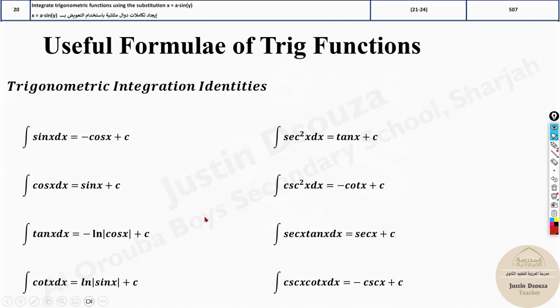So please remember this, because over here you're integrating sine, you're getting minus cos. Don't think that for secant you should have minus. No, for cosecant you should have minus, because if the answer is having co, then it's a minus sign. Over here, natural logarithm of cos x, right? So you have a minus sign.